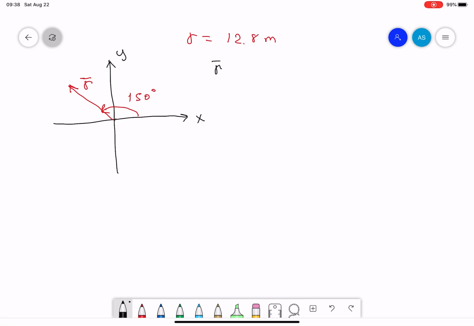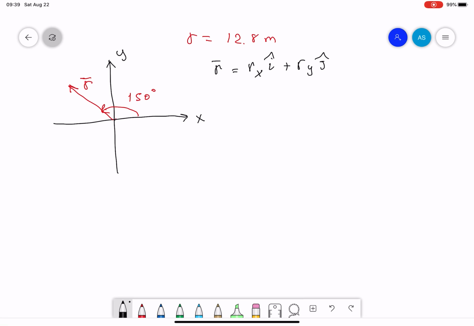Basically our r vector will be equal to rx i vector plus ry j vector. So therefore, first of all we have to find the rx and ry components, and then we can show the components.